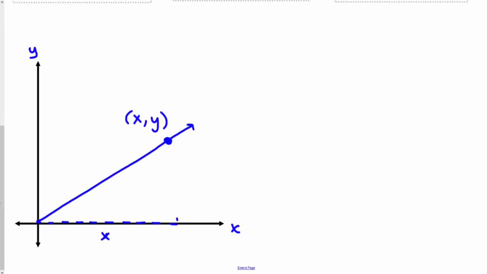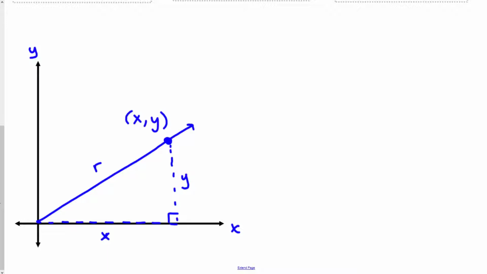Then I have to travel up some distance y. If you'll notice, x and y are going to make a right angle with each other, and so I've basically created a right triangle. The only thing that's not known about this triangle is the distance r, but that just happens to be the distance of this point from the origin.